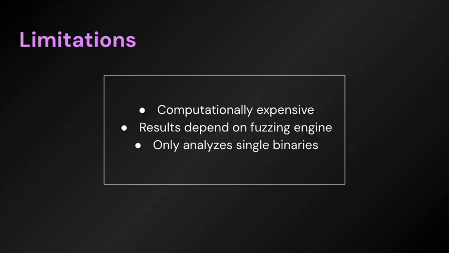If the fuzzer fails to explore important areas, symbolic execution may not get triggered. Finally, the version described in the paper focuses mainly on single binaries, not complex distributed systems. So while Driller improves vulnerability discovery, it is not a perfect solution.